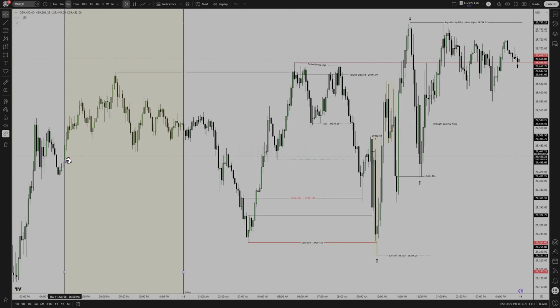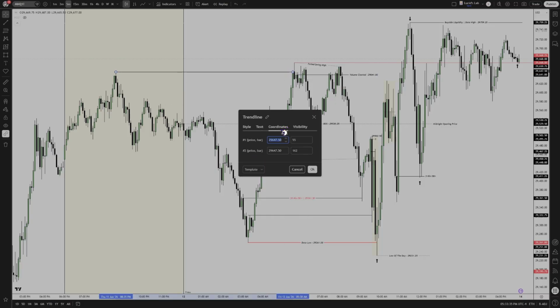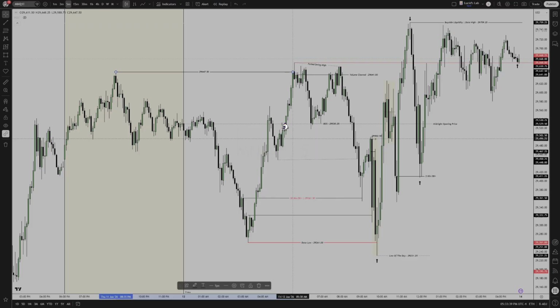We opened up on Friday bullish, came up here and made the high within Asia session. Once we made this high within Asia session at 29,647.50, we got the high on the day being made up here at 5:35 in the morning.